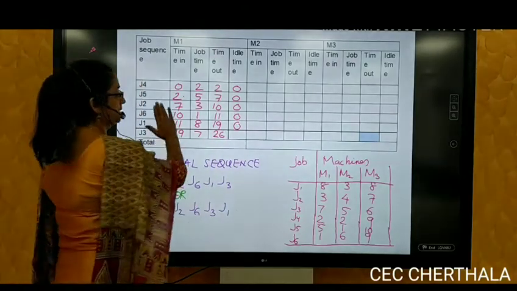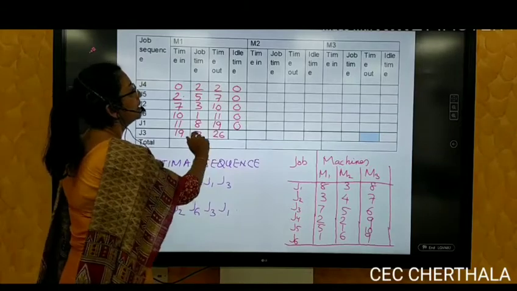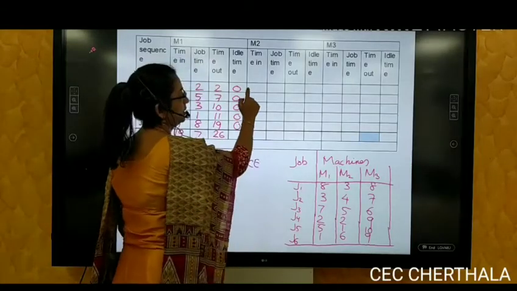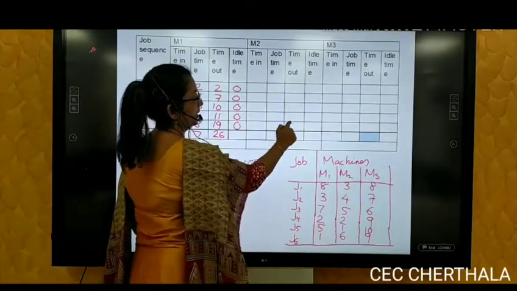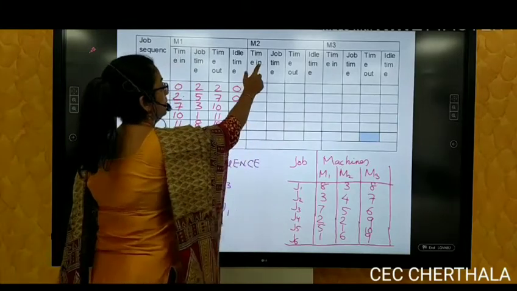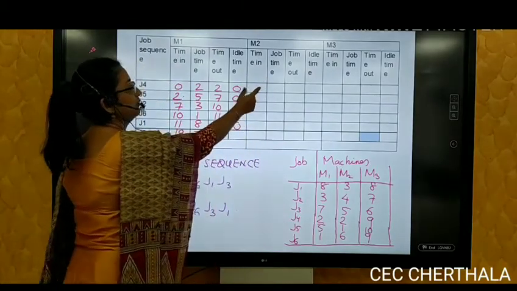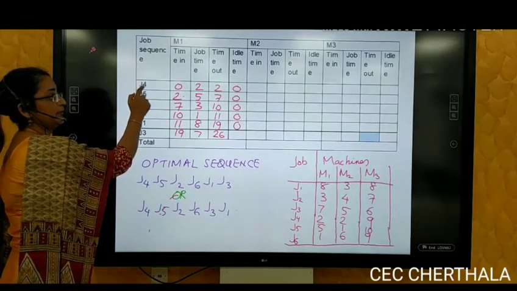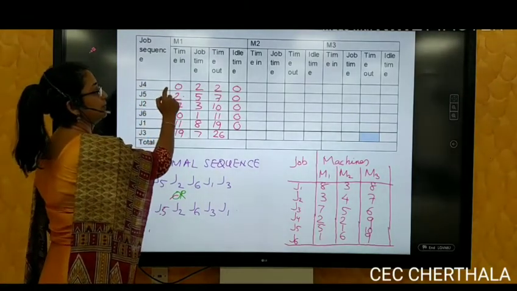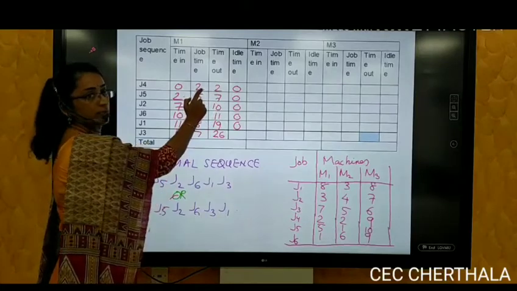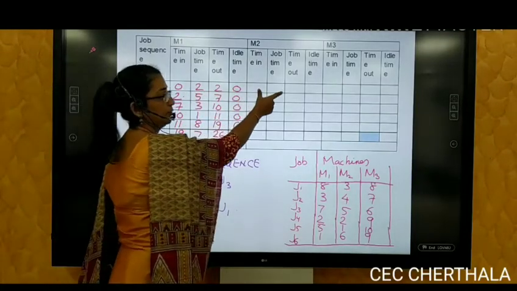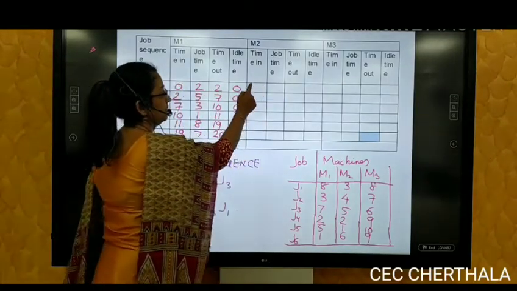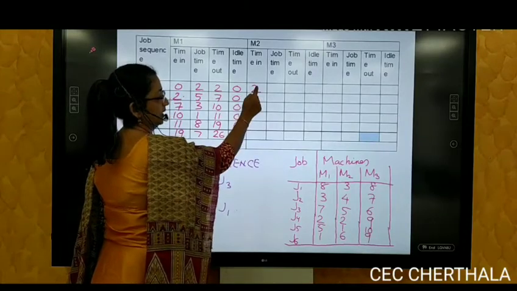Now after completing this much, let us fill the cells for machine M2. Machine M2 is starting the work with the first job J4. But J4 is actually processing on machine M1 for the first 2 days. So for those 2 days machine M2 is free. So machine M2 starts the work on the second day.